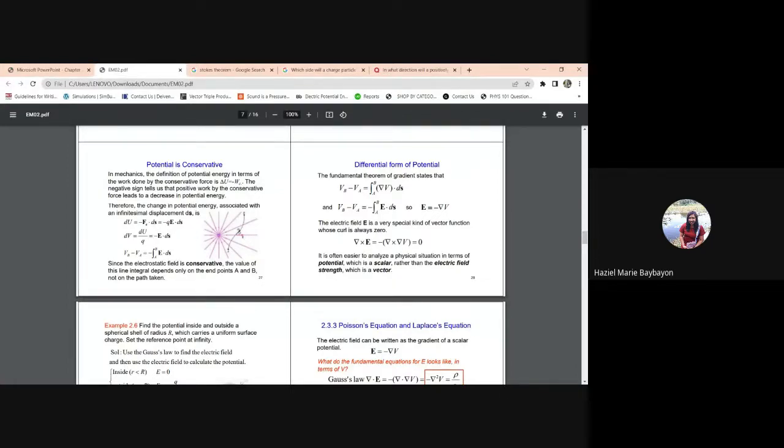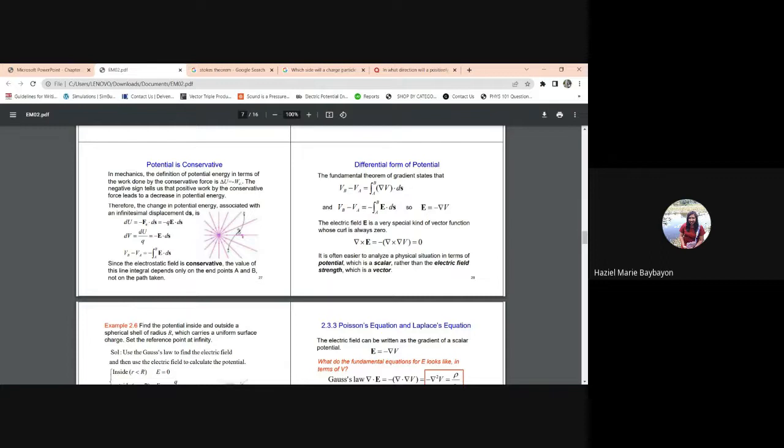So this scalar is actually the potential. So the electric field is equal to the negative gradient of the potential. Okay, so this is the differential form of the electric potential. All right, so the electric field is a very special kind of vector function whose curl is always 0. So you have the curl of E equal to 0.